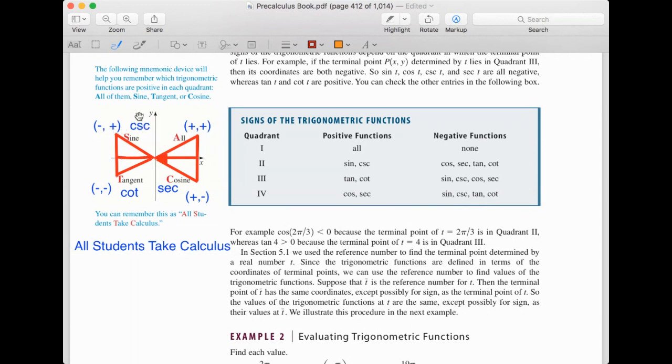Students, start with S, represents the sine and its inverse cosecant. Take, T, is tangent and cotangent. Calculus, C, represents the cosine and secant. So All Students Take Calculus reminds us sine is positive in the second quadrant, tangent and cotangent positive in the third quadrant, cosine and secant positive in the fourth quadrant.